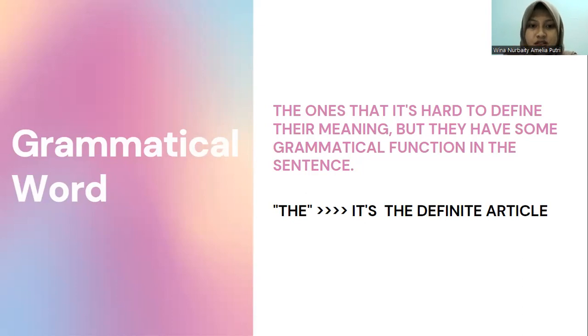Well, that's hard to say, but it's easy: it's the definite article. It makes things definite. It could be hard to describe its meaning, but its function is clear. Prepositions like on, at, and words like but, if, because are also known as function words.